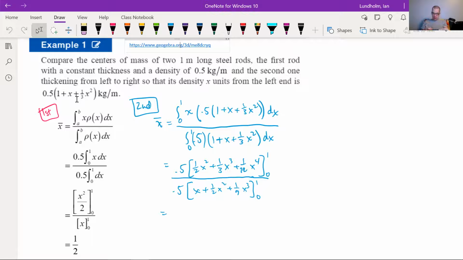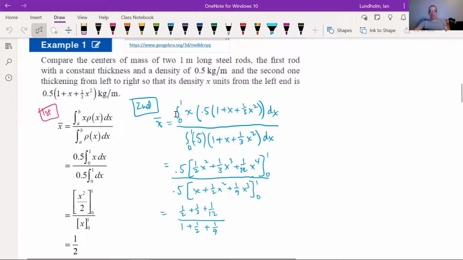So we're going to have 1/2 plus 1/3 plus 1/12 over 1 plus 1/2 plus 1/9. And there was some part of me that thought doing this fraction arithmetic would be a good idea. All right, we're going to finish this and we're going to get something.